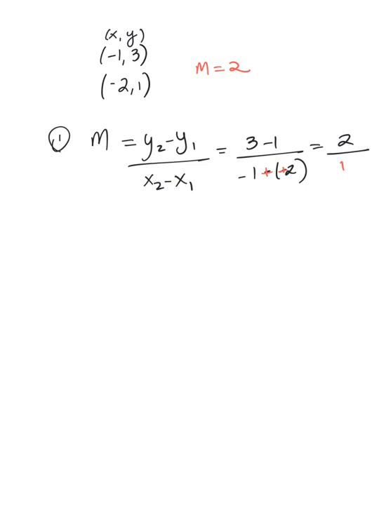Okay. Next step is solve for b. So my slope is 2, that's my m, and my x and y come from one of the coordinates, or one of the points.